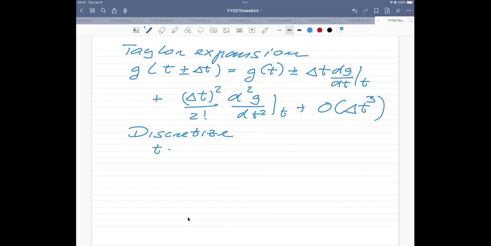So that means that t goes over to a variable t of i, and t of i is given by an initial time, t0, plus a very simple recipe.